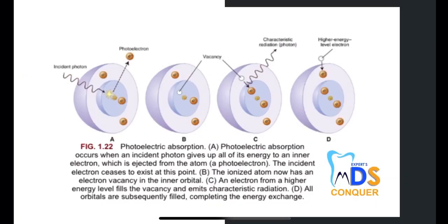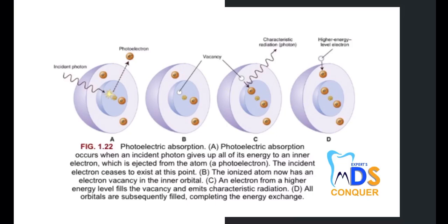The next one is photoelectric absorption, wherein the innermost electron is hit and a vacancy is created, and the outermost electron has a tendency to fall into the vacancy. That fall produces the effect called photoelectric absorption. It is similar to the characteristic radiation which occurs at the tungsten target.